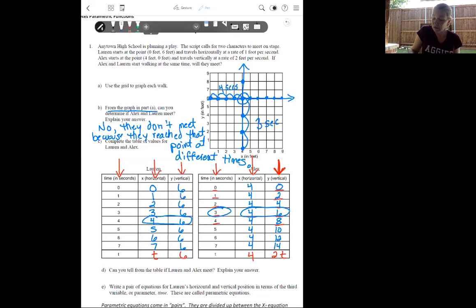It took Alex 3 seconds, whereas it took Lauren 4 seconds. So yes, the table shows they don't meet. And again, they reached the same point of intersection, but it happened at different times.